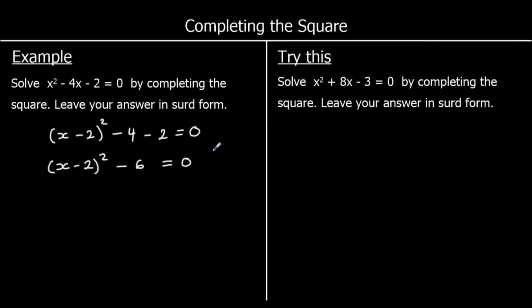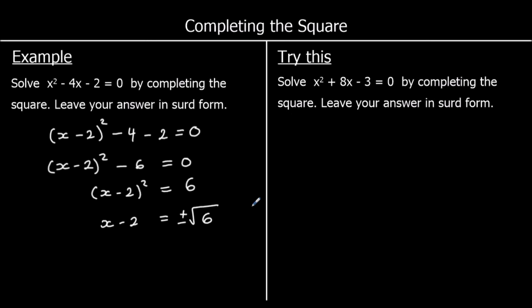Now we're going to start solving. So we plus 6 to both sides to get our square by itself. So (x minus 2) squared is equal to 6. And then we square root both sides. So if we square root (x minus 2) squared, we just get x minus 2. And if we square root 6, we get plus or minus the square root of 6.